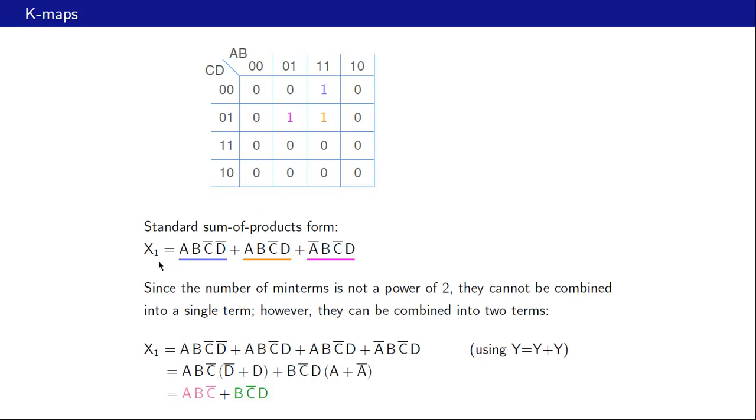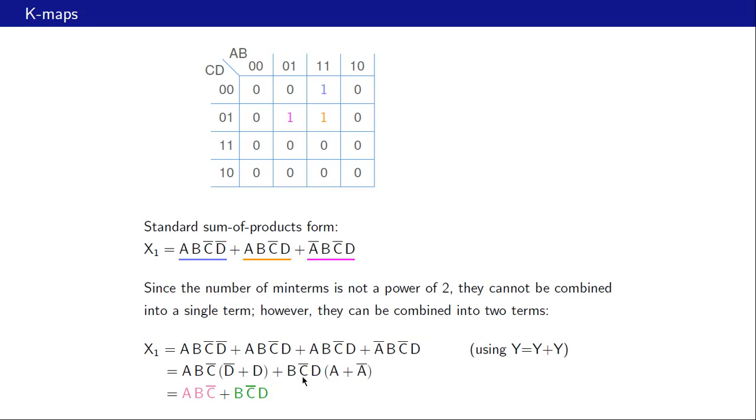Let us write x1 as AB C bar D bar plus AB C bar D, and we will write this term twice. So AB C bar D plus AB C bar D, and then this term. Now these 2 terms have A, B, C bar common, and then we get D plus D bar.